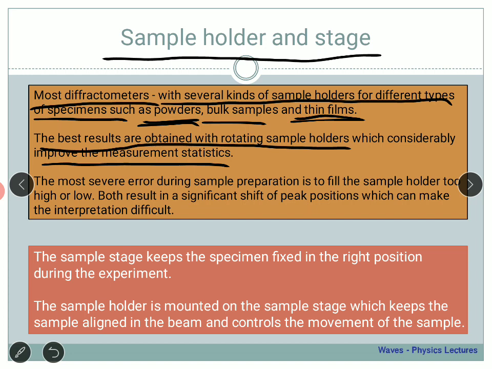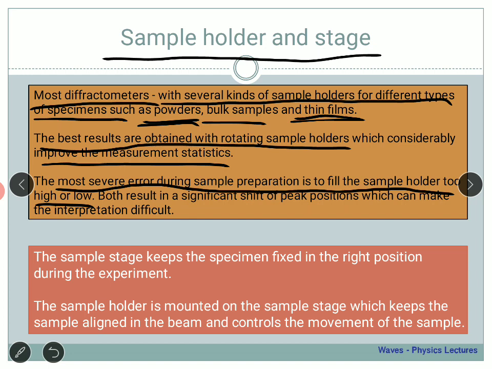However, the most severe error that might arise is in the sample preparation. So you have to prepare the sample very carefully. If you are using a powdered sample, you have to crush it very fine. If you are studying a thin film, it should be well distributed within the layer, or within the substrate that you are putting the sample on.